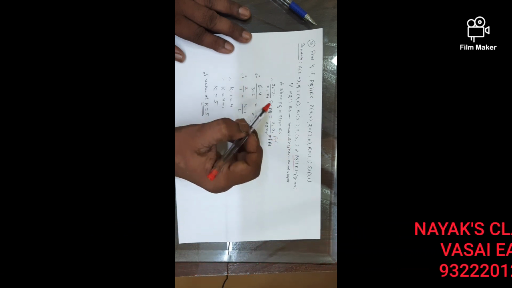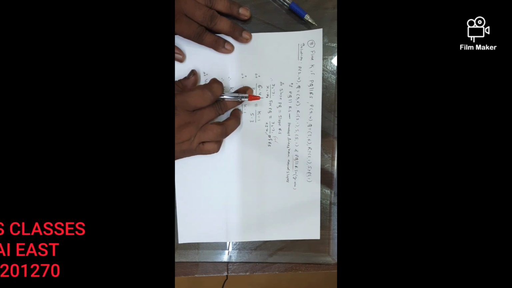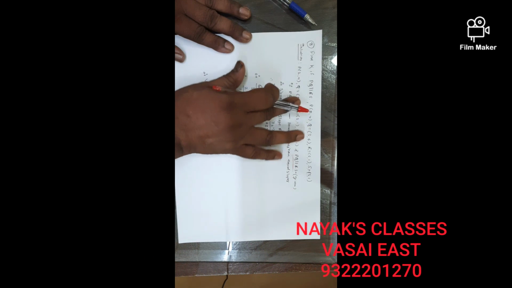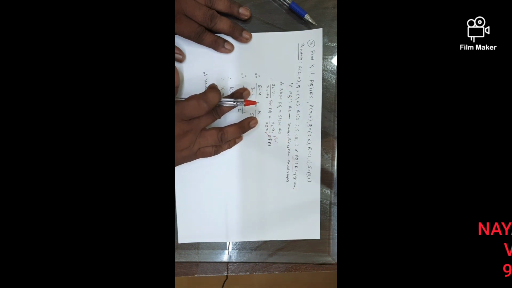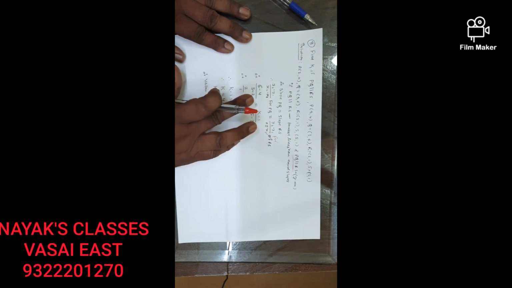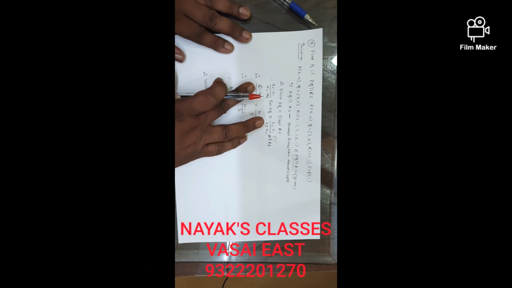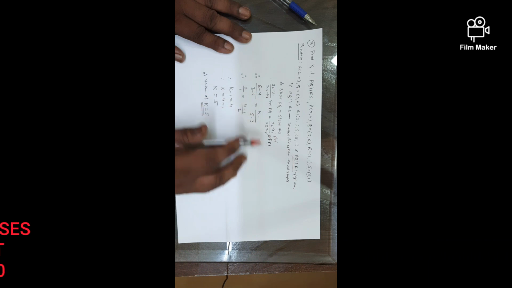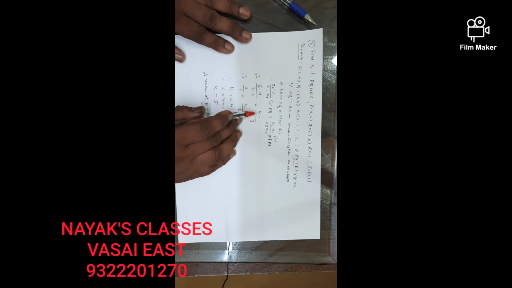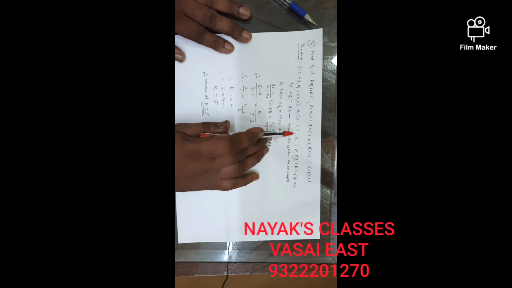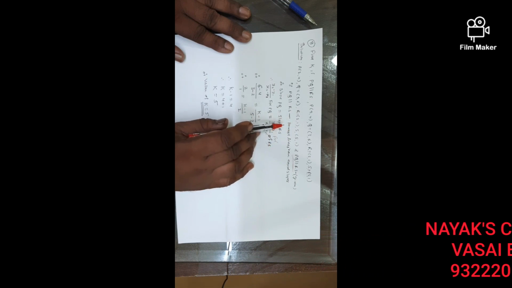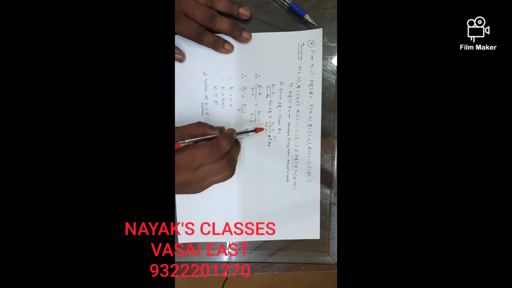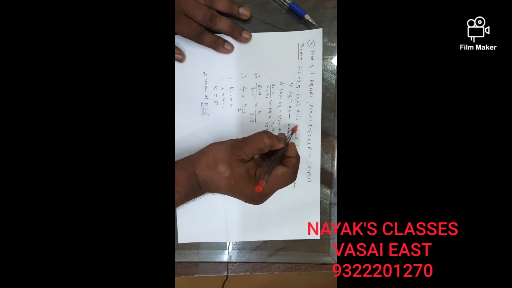After putting the values, y2 is 6, y1 is 4 for PQ, and x2 is 3 and x1 is 2. So 6 minus 4 upon 3 minus 2.